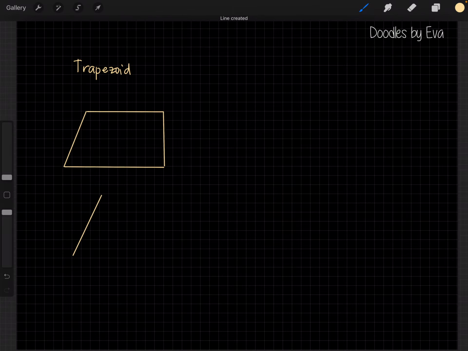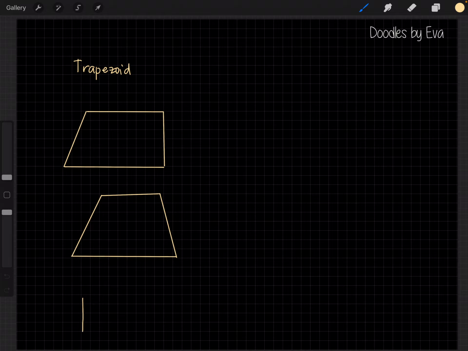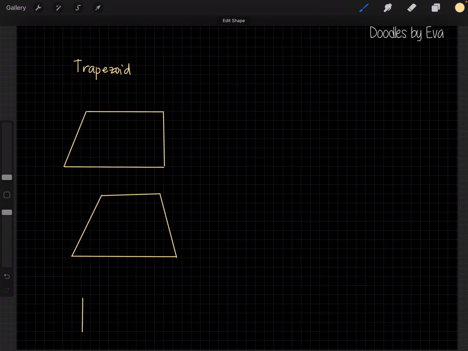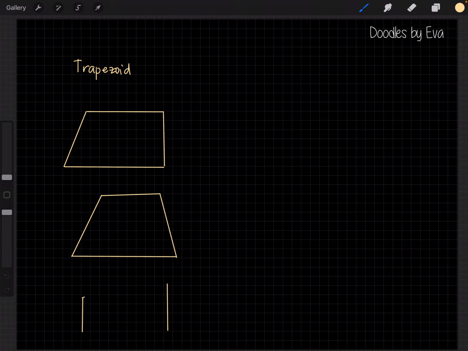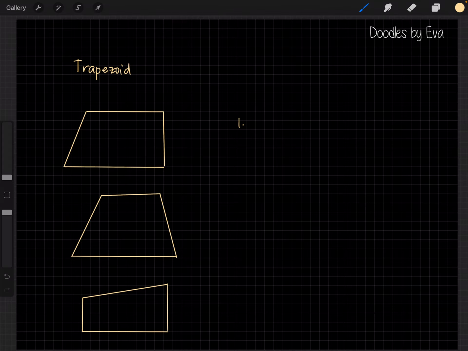This one is also a trapezoid. This one is also a trapezoid. There. These are all trapezoids. And a trapezoid has one distinct property.